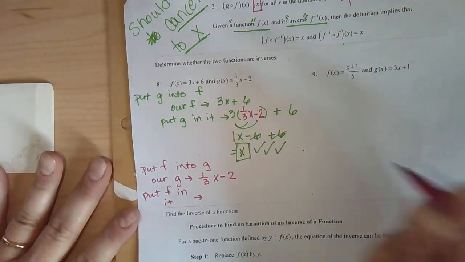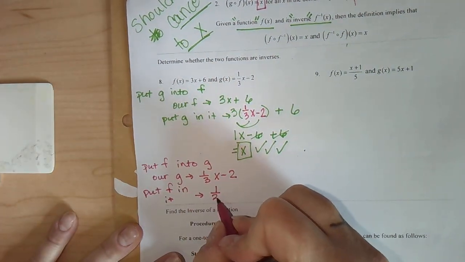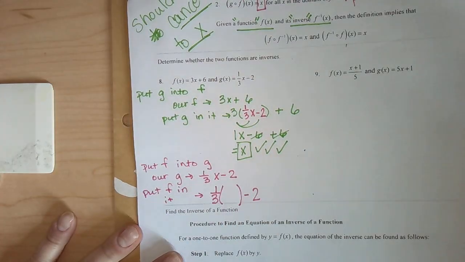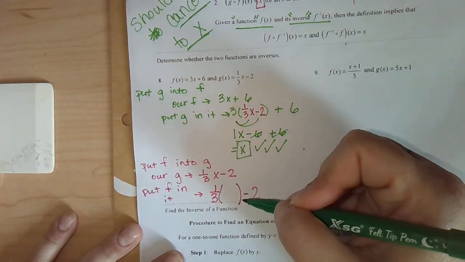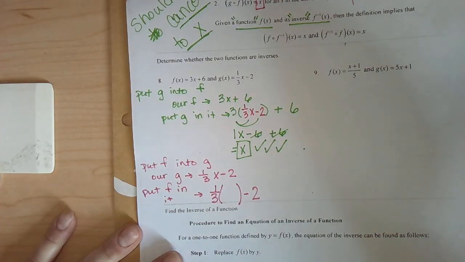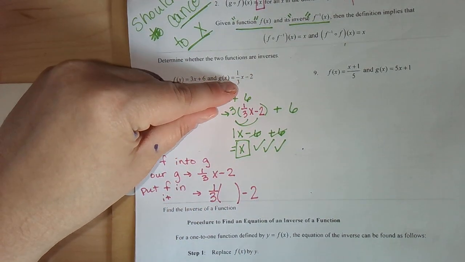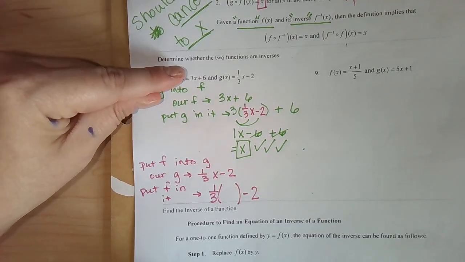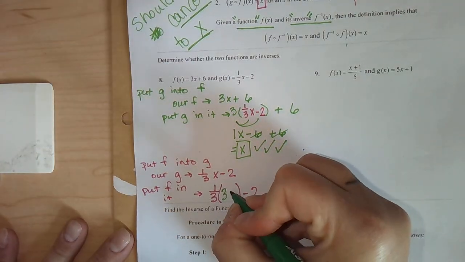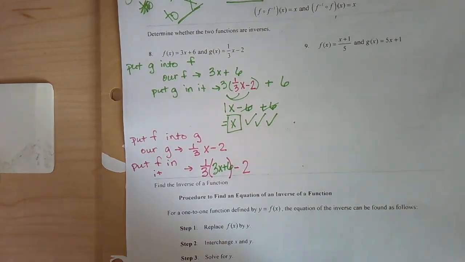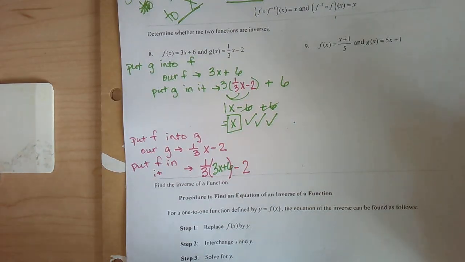We're going to have this 1/3 and the negative 2, but instead of that big fat x, we're going to put big fat parentheses and the other equation. So right now we're touching 1/3 x minus 2, but we're going to plug in this guy, 3x plus 6. And we're practicing a little fraction rule right here. We don't know it, but we are.